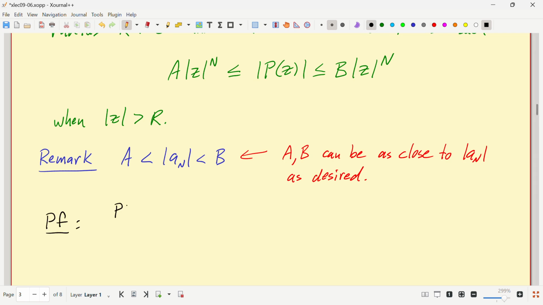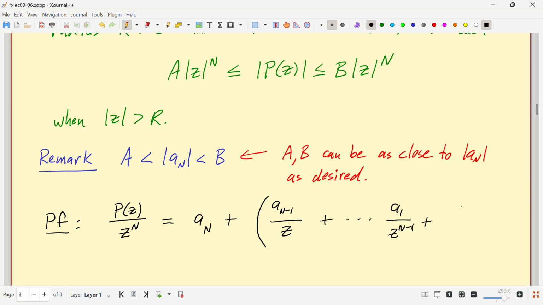Let's see, if I divide that polynomial by z to the n, that would isolate the first coefficient, a_n, and then I'll have a bunch of stuff that has z's in the denominator. There'd be an a_{n-1} over z to the 1 plus etc. We'd have a_1 over z to the n minus 1 plus a_0 over z to the n.